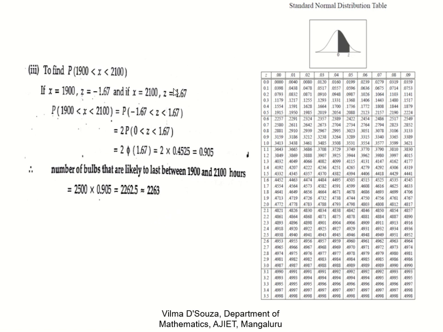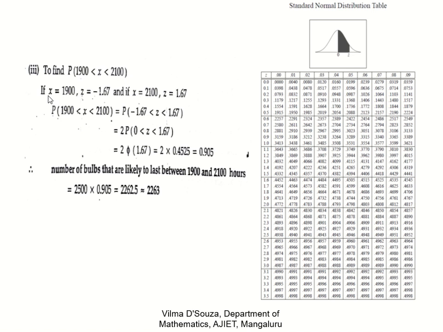Okay, what is the third one? Third one is to find probability of x lying in the interval 1900 to 2100. Probability of x varying from 1900 to 2100.